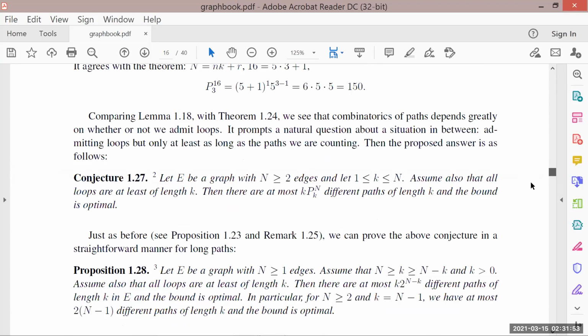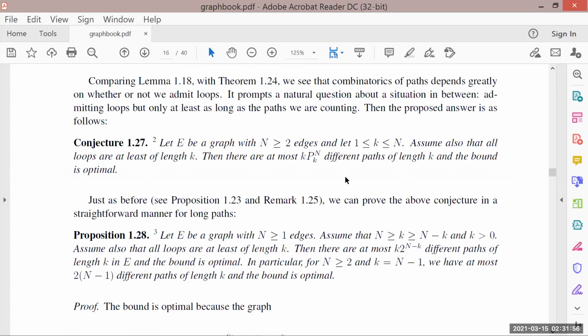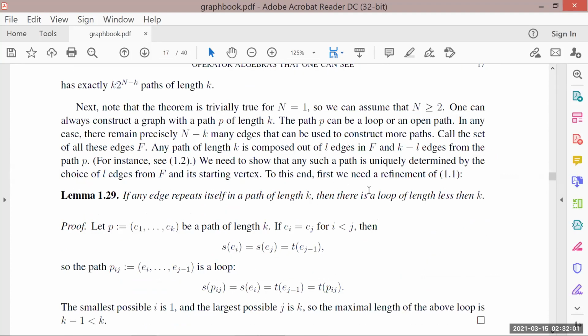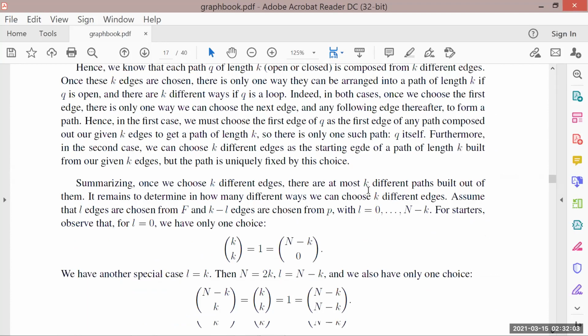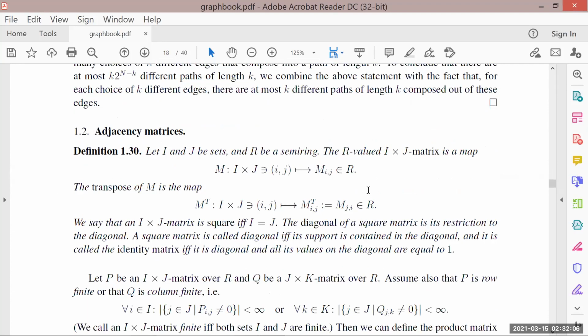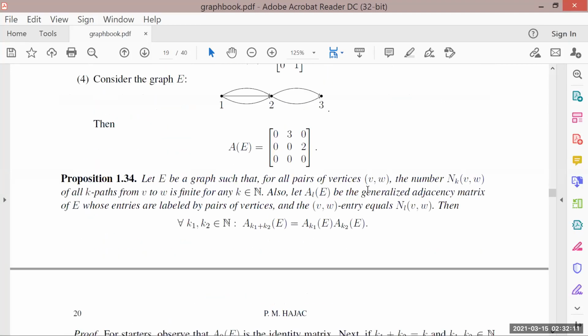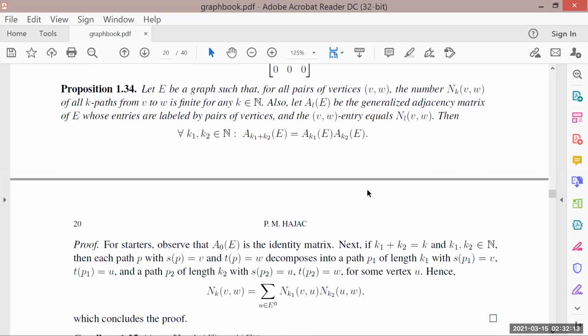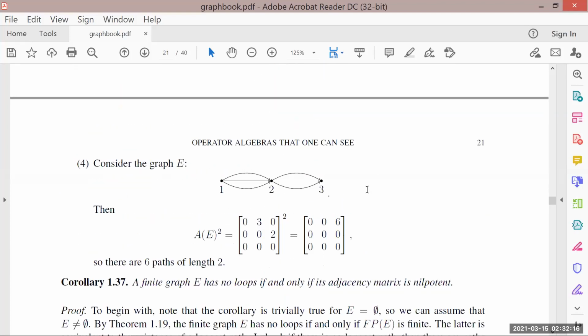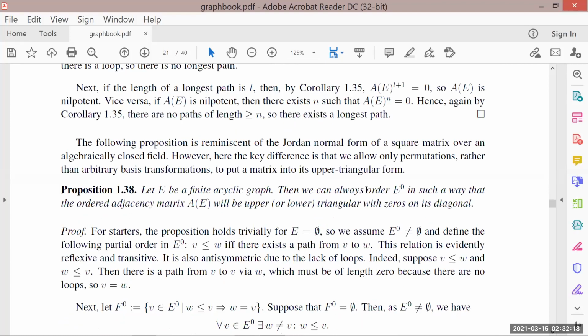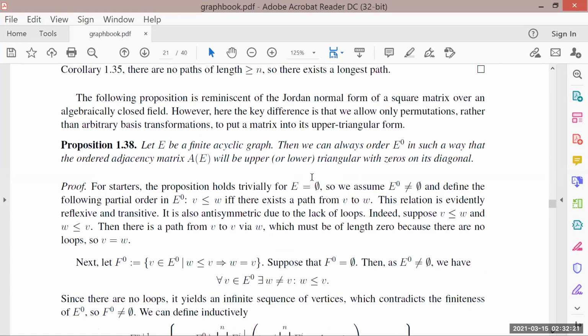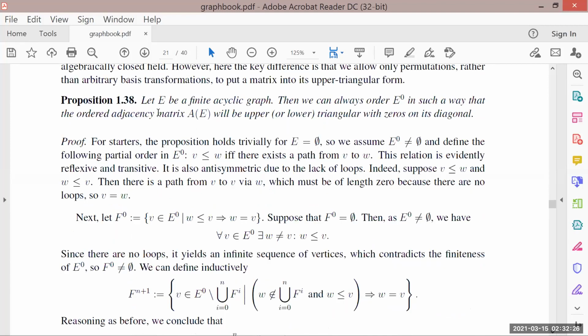No, sorry, this is still counting paths. That's not what I want. It's in adjacency matrices. Yes, this is proposition 138, and not just that, we will need the claim, which is right here.